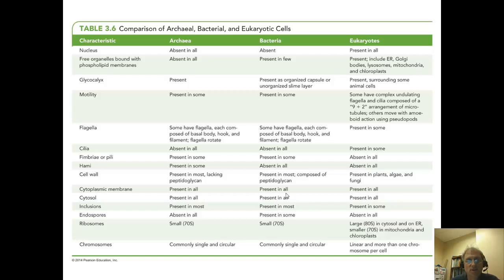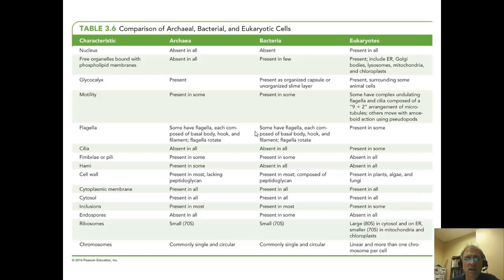And this table just summarizes the various kinds of structures that we find in eukaryotic cells. We can see these structures here present in eukaryotic cells and the structures that we find in various kinds of prokaryotic cells.